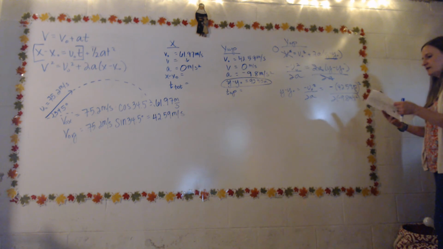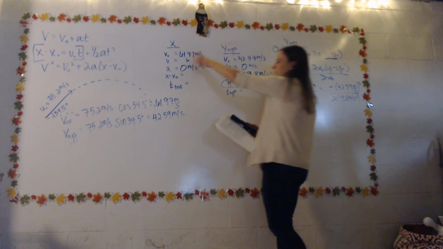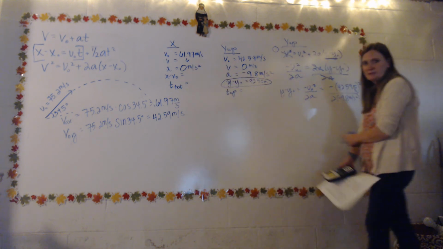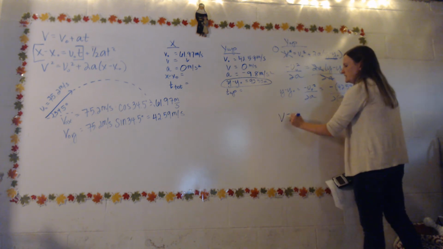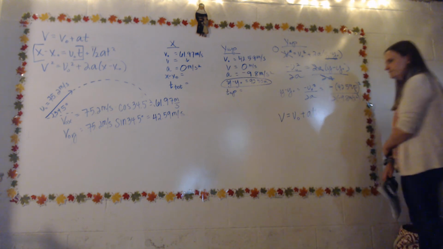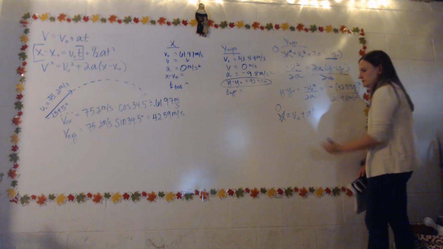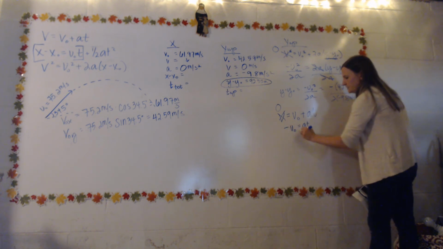Then the second thing it asks me to find is total time in the air. So I don't know enough over here to do anything with it yet. But over here I can find t up, and if I double t up, that's going to be my total time in the air. So I'm still working in y up. The easiest equation to find t with is v is equal to v naught plus a times t. Again, it stops at the top, so the final velocity is 0. So this becomes negative v naught is equal to a times t. We divide both sides by a.